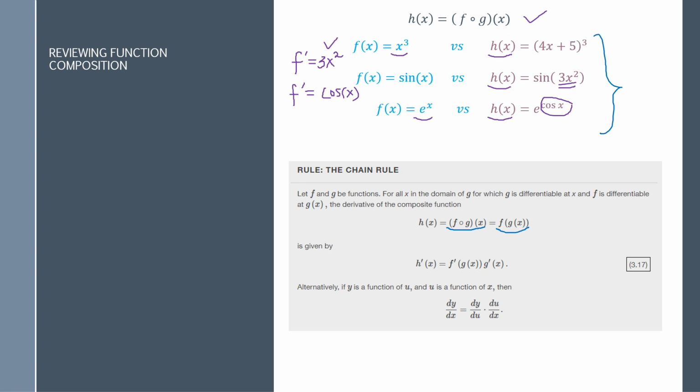Then the derivative of h is given by the following product. We compute the derivative of f, so f prime evaluated at g of x times g prime of x. So that is our general formula that we will be applying.